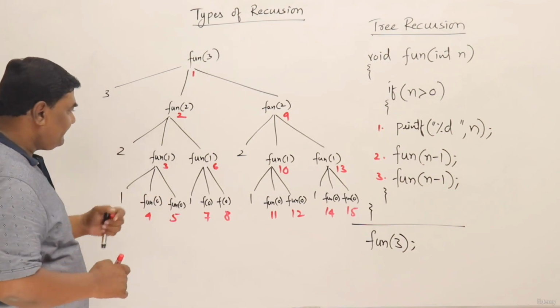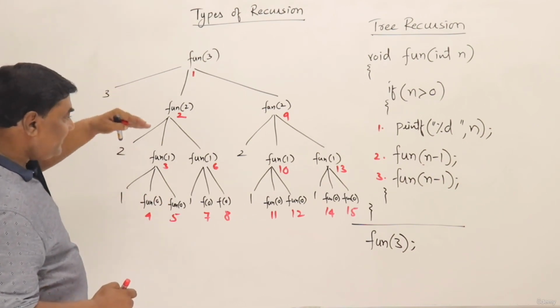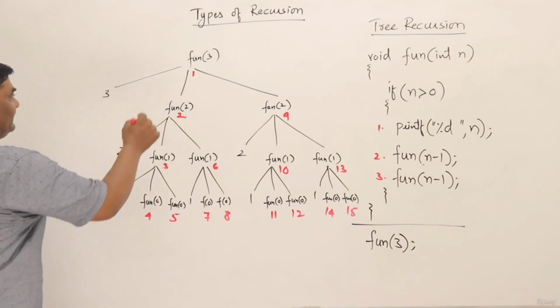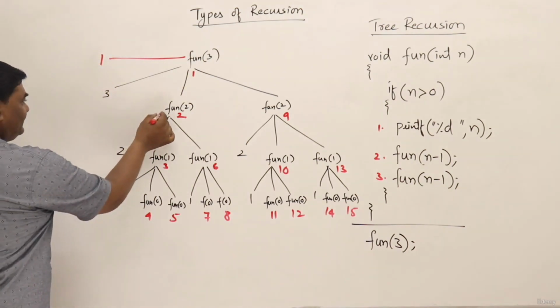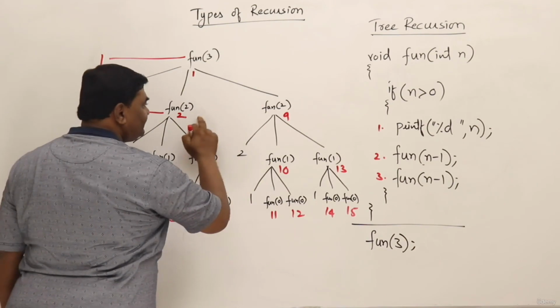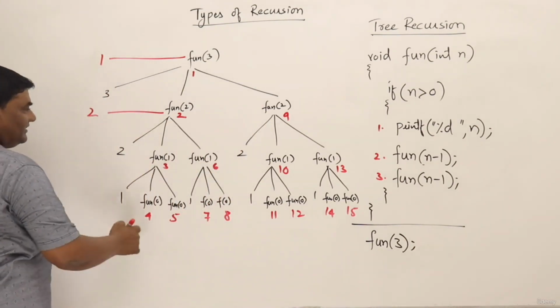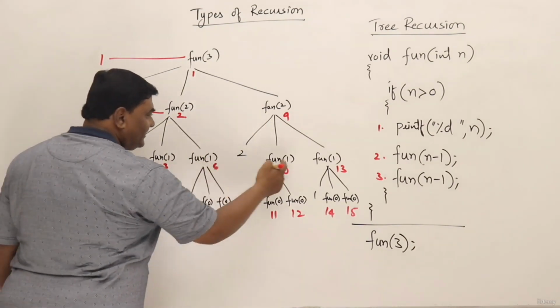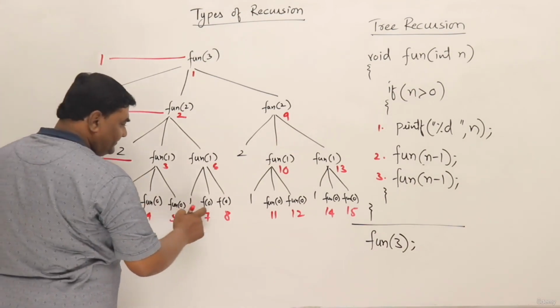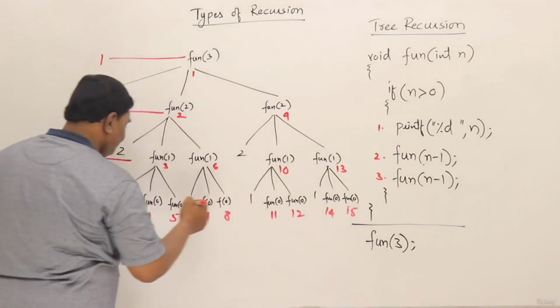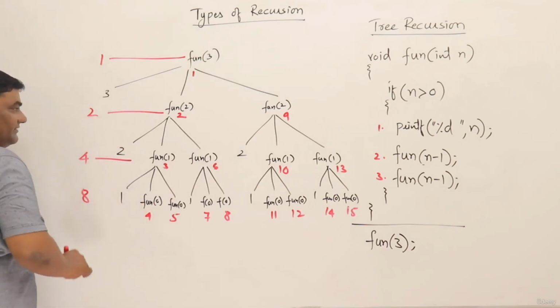If I count the number of calls level-wise, in this level just one call is made. And in this level, 2 calls are made. And in this level, 1, 2, 3, 4 calls are made. And in this level, 1, 2, 3, 4, 5, 6, 7, 8 calls are made.